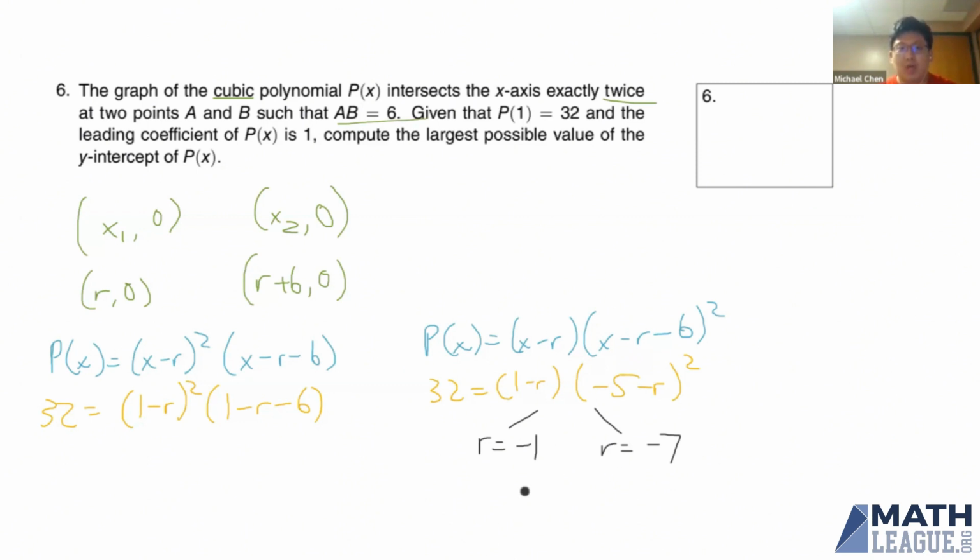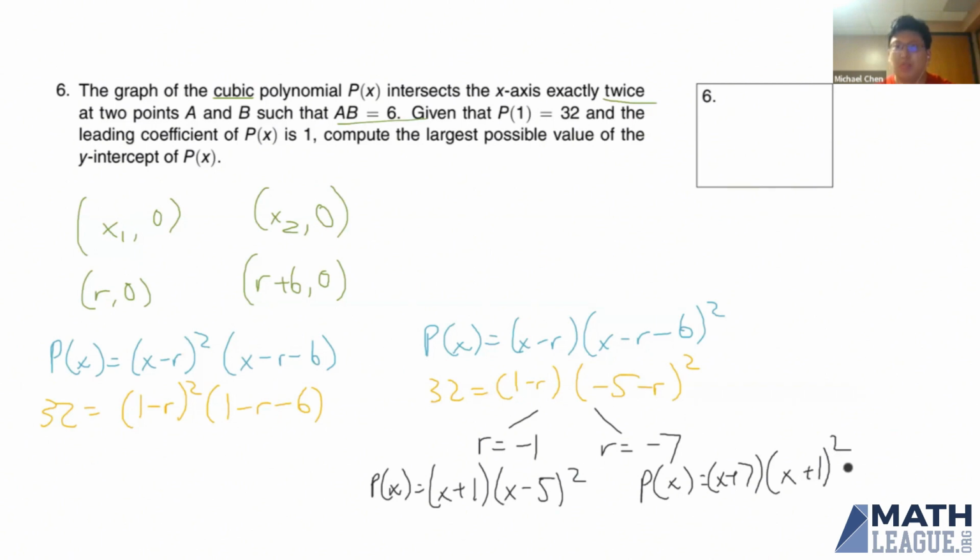Now, these two would give us the functions. We'll either get p of x is equal to x plus 1 times x minus 5 squared, or p of x is equal to x plus 7 times x plus 7 plus 1 squared.